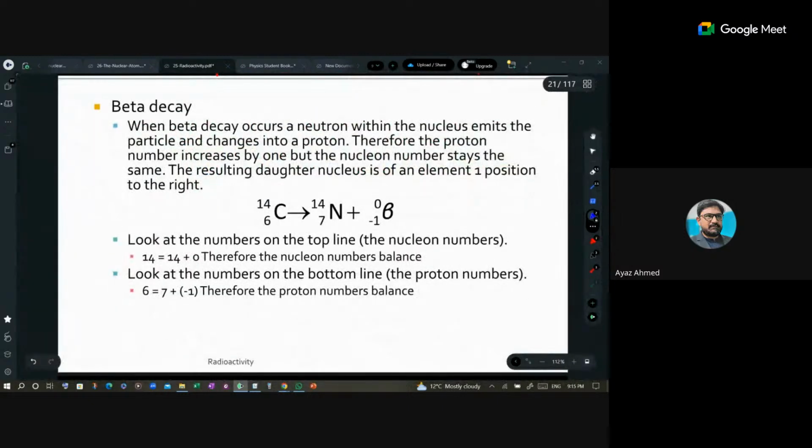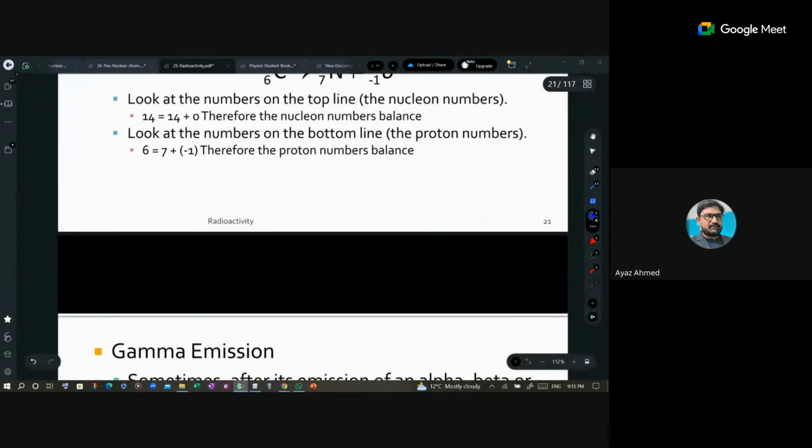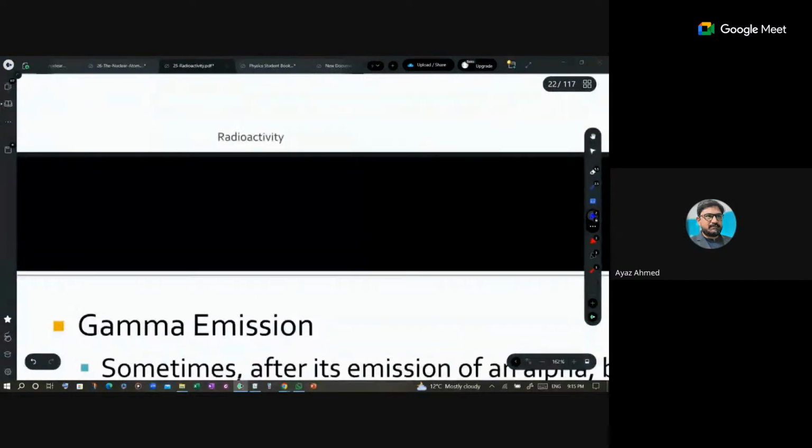During beta decay, I will write some properties of beta decay over here. Then we will come back to the point. During beta decay, you know what happens? Beta decay is a process in which a neutron is converted into a proton. This is the basic information. We have to keep this information with us.